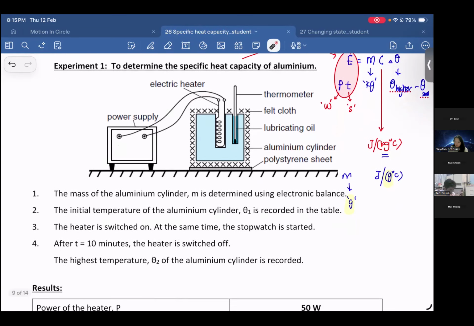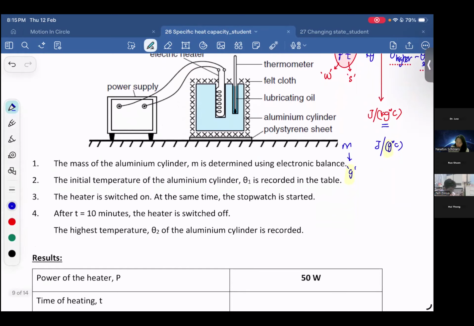Before I forget, we do not need to memorize the unit for specific heat capacity, because you will feel it is so hard to remember. No need to memorize. You see, E equals mc change in temperature. Rearrange it and it becomes C equals E divided by m change in temperature. What is the unit for C? Ask yourself, what is the unit for energy?